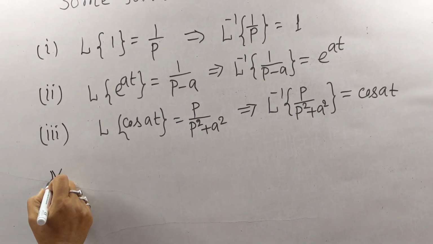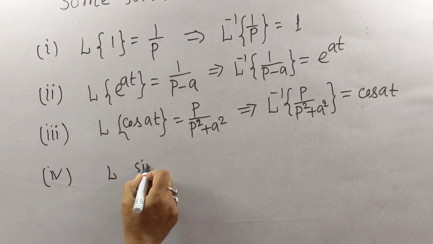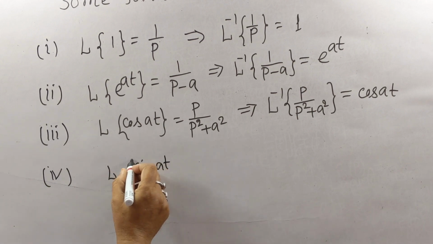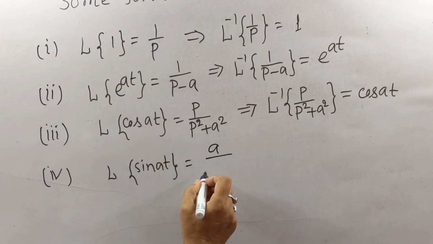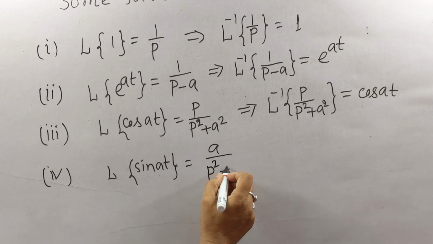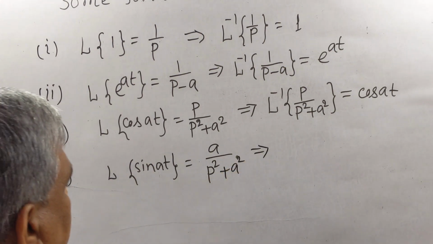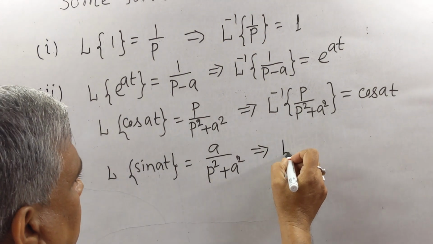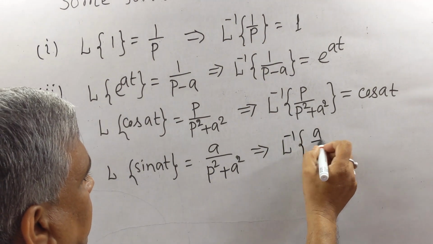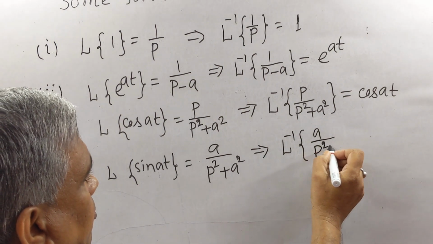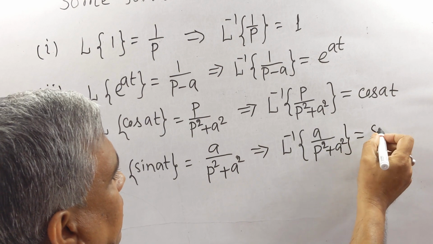Number 4, L{sin at} = a by (p square plus a square), which implies that L inverse a by (p square plus a square) = sin at.